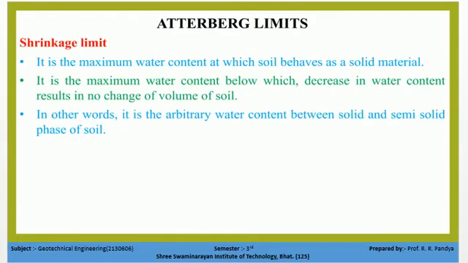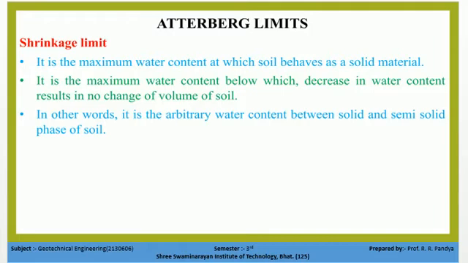Now, the shrinkage limit. The shrinkage limit is the maximum water content at which soil behaves as a solid material. It is the maximum water content below which a decrease in water content results in no change in the volume of soil.